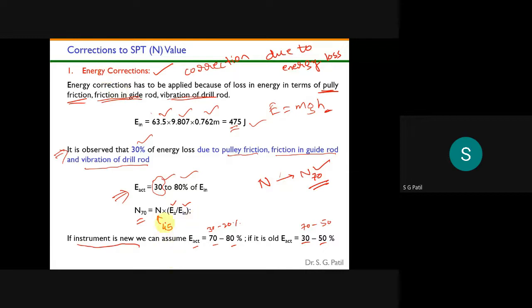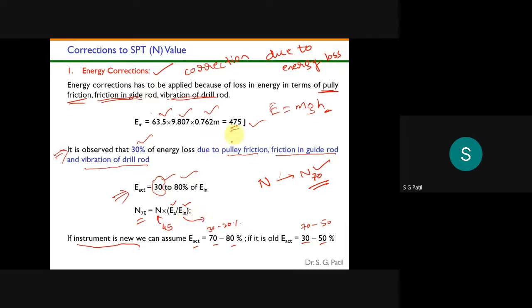Now N becomes N70 after applying the energy correction. That means you may reduce the number of blows counted, or you may increase it, depending on the ratio of E actual to E input. So E input is how much?